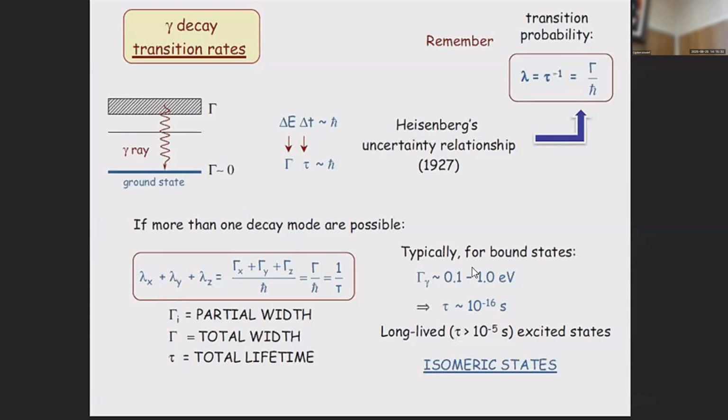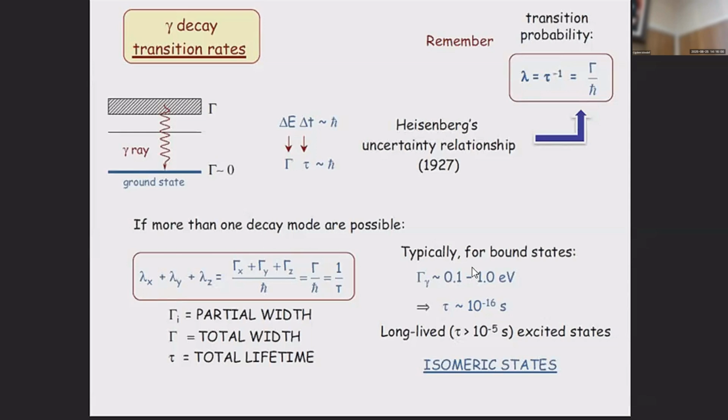And we know that width from the Heisenberg uncertainty principle: delta E delta t is about h bar, delta x delta p is about h bar. From this, we can predict the half-life of that width or that resonance.